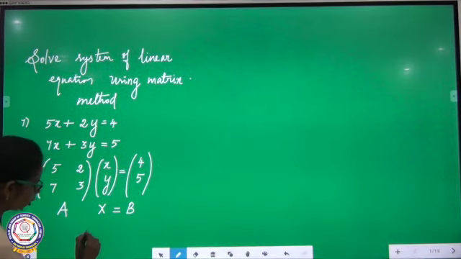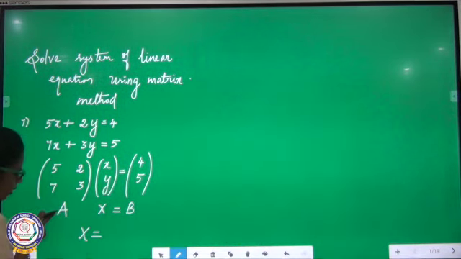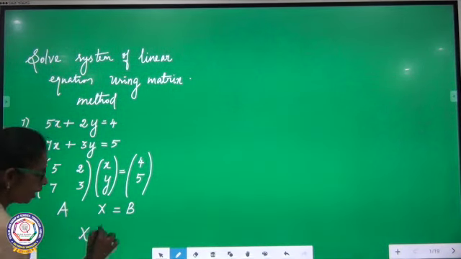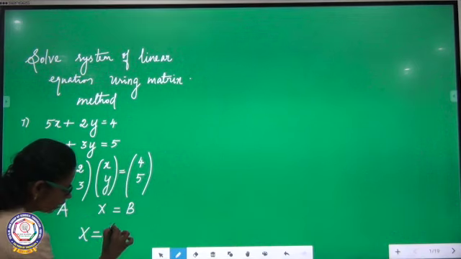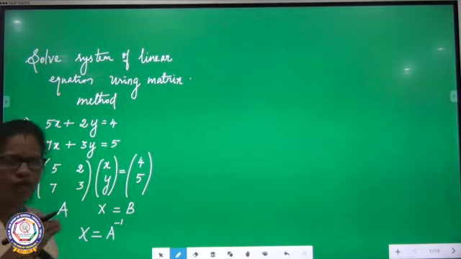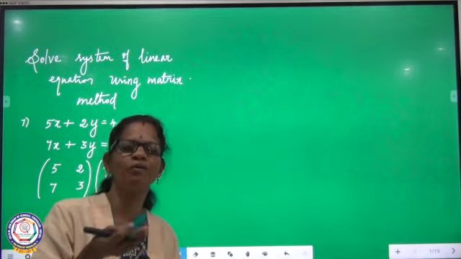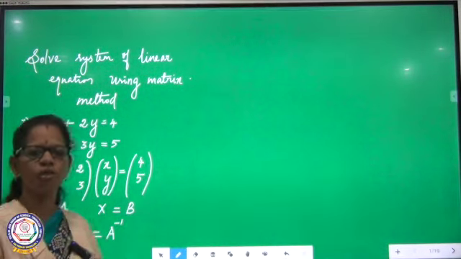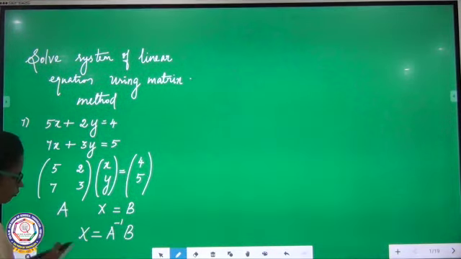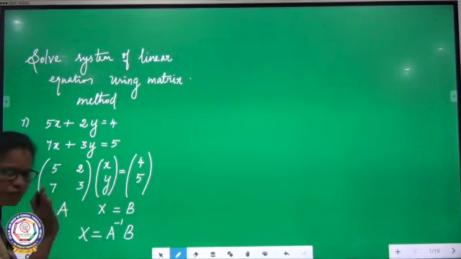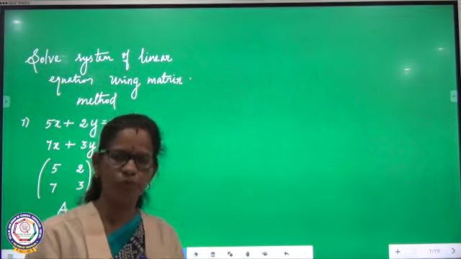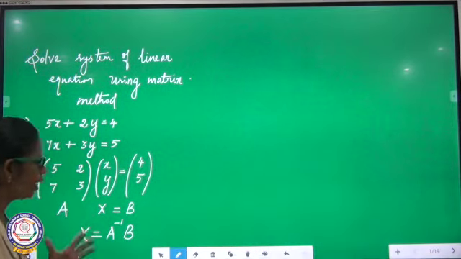Now X is equal to, when you shift A to this side, it will come under 1 by A. The 1 by A, I am going to write as A inverse. 1 by x means x to the power minus 1, the same basic concept I used here, into B. When you shift A, you should place it in the first position, that is the rule. X is equal to A inverse B.